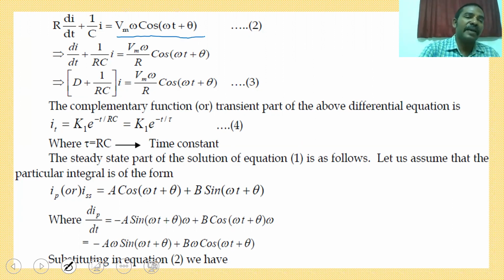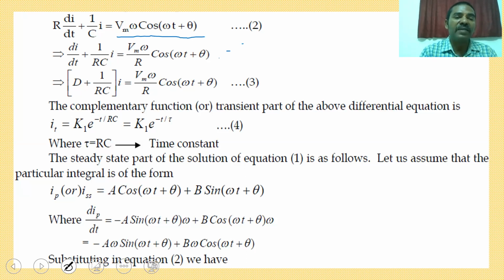So finally you get Vm omega cos(omega t plus theta). Now di by dt plus 1 by RC into i is equal to Vm omega by R cos(omega t plus theta). So (D plus 1 by RC) i is equal to Vm omega by R cos(omega t plus theta).